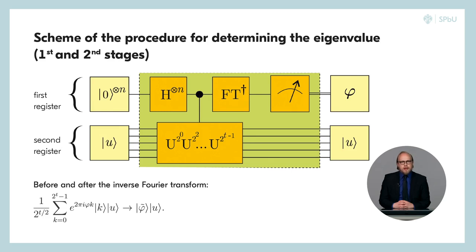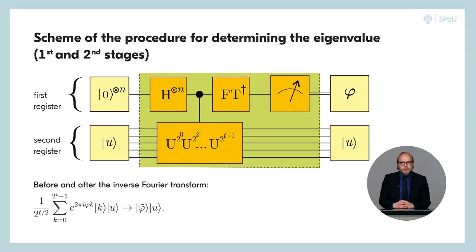Thus, in order to calculate the phase phi, or in our case phi with a wave, all we need is to perform the inverse quantum Fourier transform on the first register. As a result, we obtain the state of phi with a wave, which will be given by a set of qubits in the state of phi 1, phi 2, phi 3, and etc., phi t.